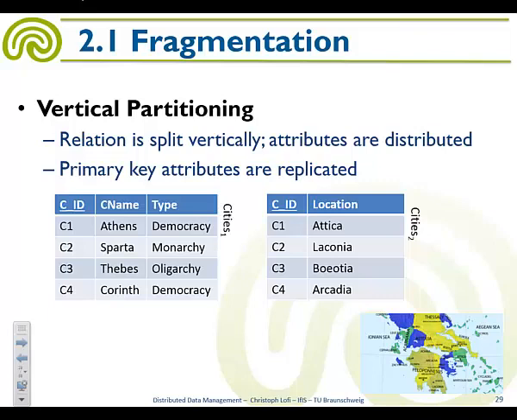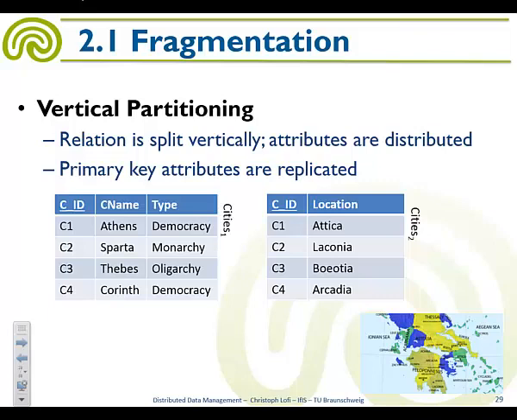If we, for example, take a look at our cities table, we had three attributes: the name of the city, the ID of the city, the type of the city, and the location of the city. So which area is it in? And you could just cut out the location and put that into its own table. As you can see here, I did replicate the ID, right? I didn't just take my knife and cut through the table, because if I had done that, I would have violated the completeness and reconstruction rules.